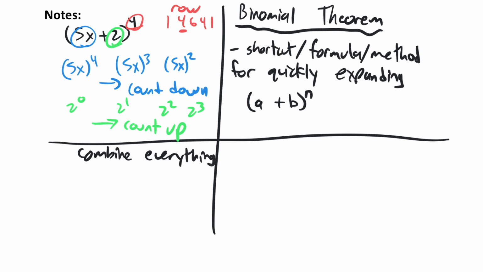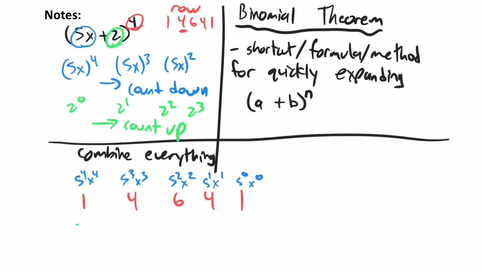So maybe I'll just put it down here so we can see our final row with all the information. We have our 1, our 4, our 6, our 4, and 1. We have our 5 to the 4, x to the 4, 5 to the 3, x to the 3, 5 to the 2, x to the 2, 5 to the 1, x to the 1, 5 to the 0, x to the 0.